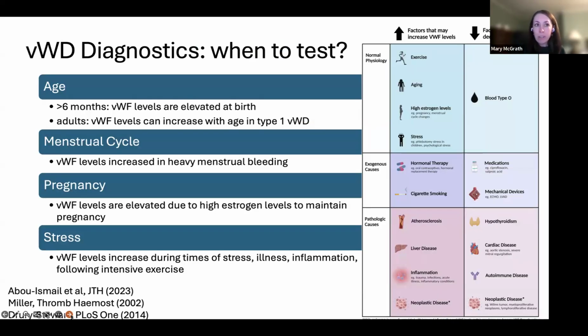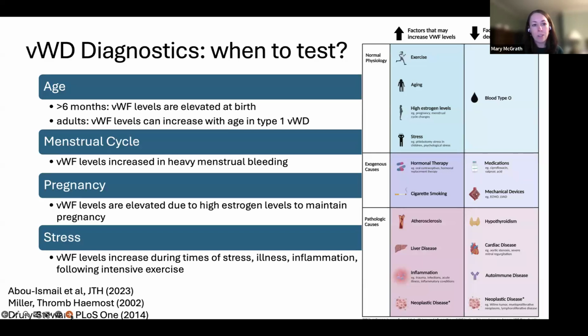When interpreting von Willebrand factor levels, I think it's extremely important to keep in mind that there are many, many factors that might be influencing the levels based on what was going on at the time you drew the panel, including age. For infants, it's difficult to rule out von Willebrand disease in kids less than 6 months of age.